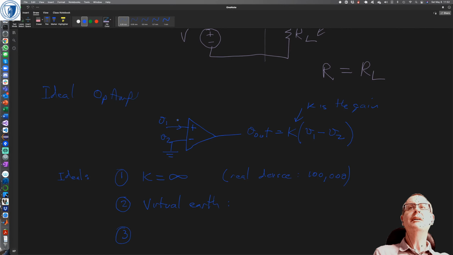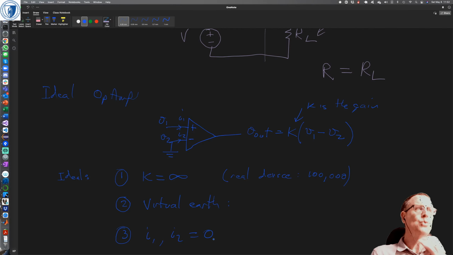The third thing is that the input currents I1 and I2 are equal to 0. There's no input current required.